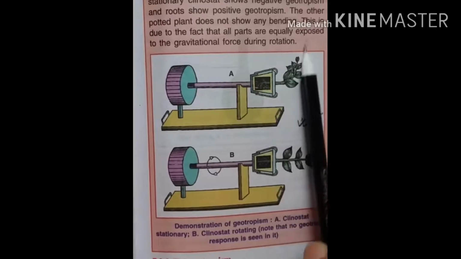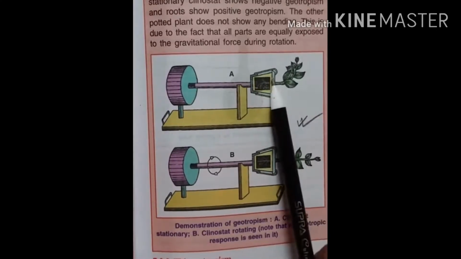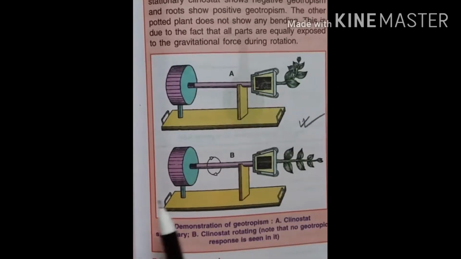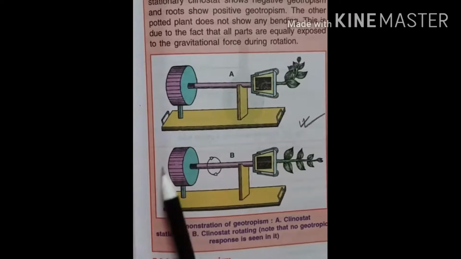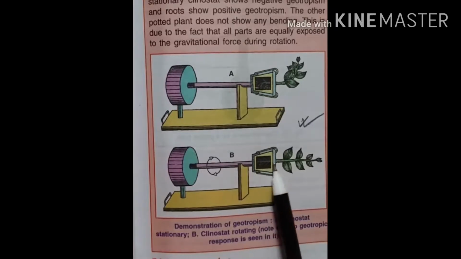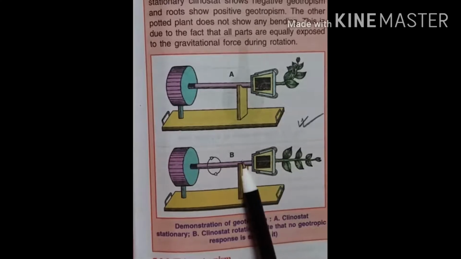That means the shoot part will grow up showing the negative geotropism, and the root parts are growing down showing the positive geotropism. But here we started to rotate the clinostat in a very slow motion, and we keep it moving continuously for few days. After few days we cannot see any change of the movement of shoot and not also to the root.